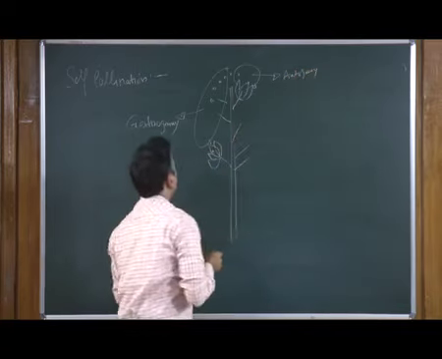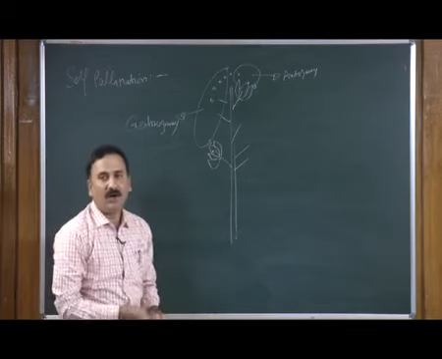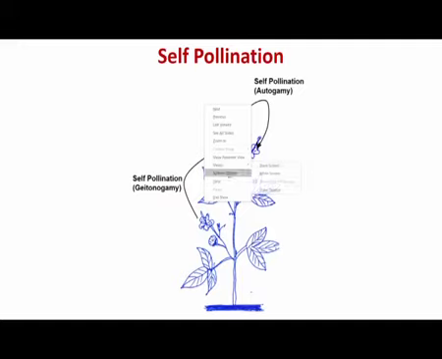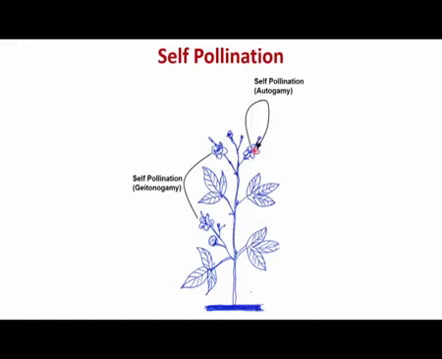So, within the self, as you can see on the PowerPoint slide, I have described the self pollination. There are two conditions: one where the pollen grains come from the same flower and go to the stigma of the same flower, and this mode of self pollination is known as autogamy.